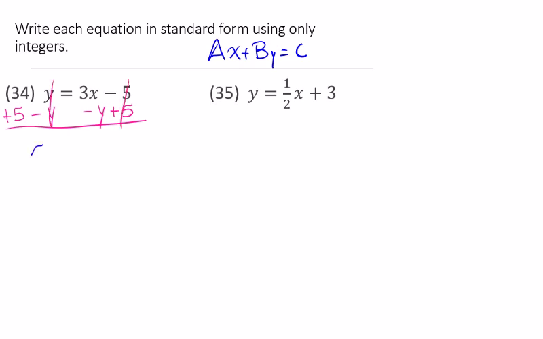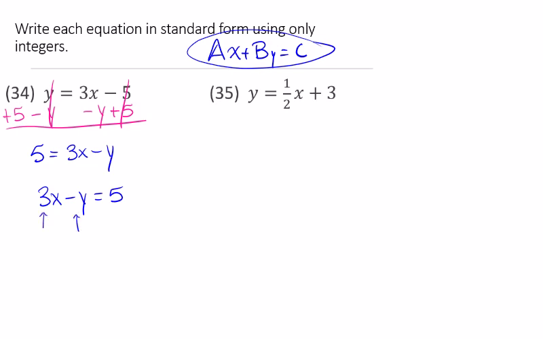So what I end up with is 5 equals 3x minus y, right? And then I'm just going to flip it around just to look exactly like what we have, ax plus by equals c. So the a in this case is 3, the b is -1, and the c is 5. All right, and that's standard form.